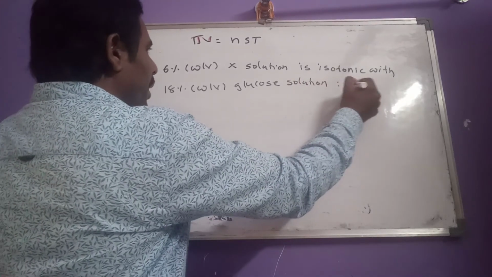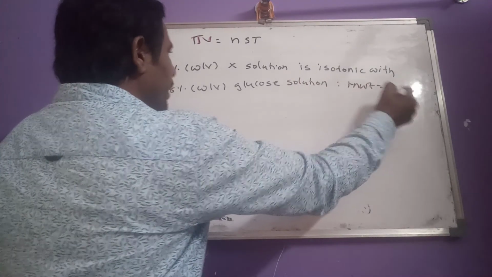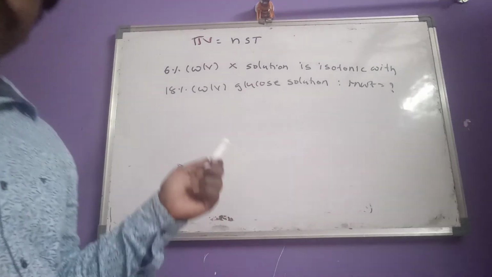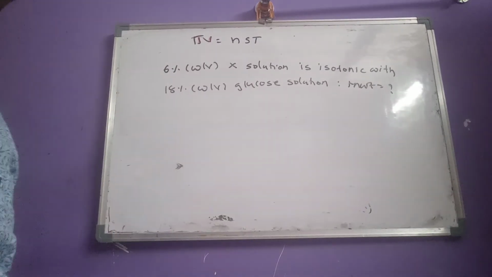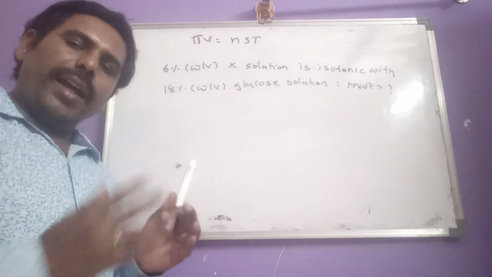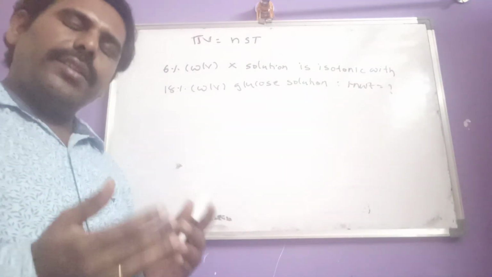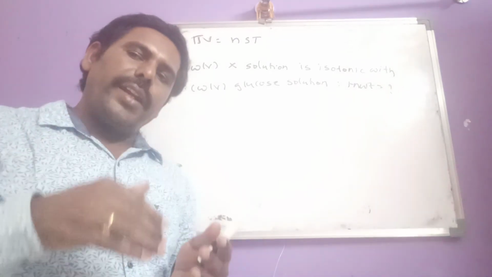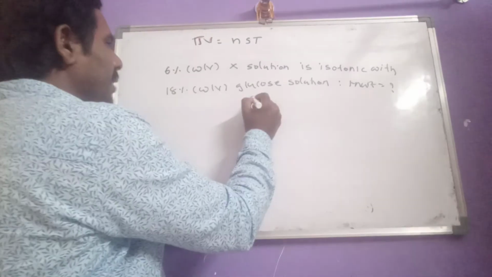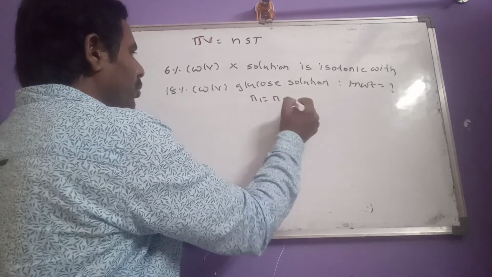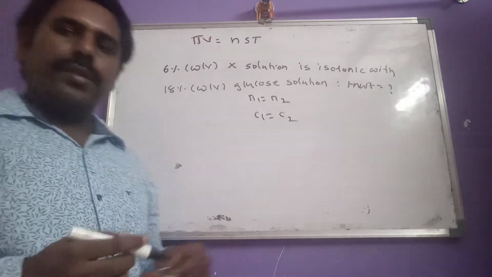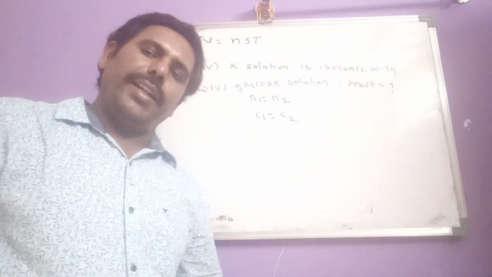Then the molecular weight of that solute is? So here the two solutions are said to be isotonic to one another. Isotonic means nothing but their concentrations are also equal. That means as pi 1 equals to pi 2, C1 equals to C2. C1 and C2 are nothing but concentrations.